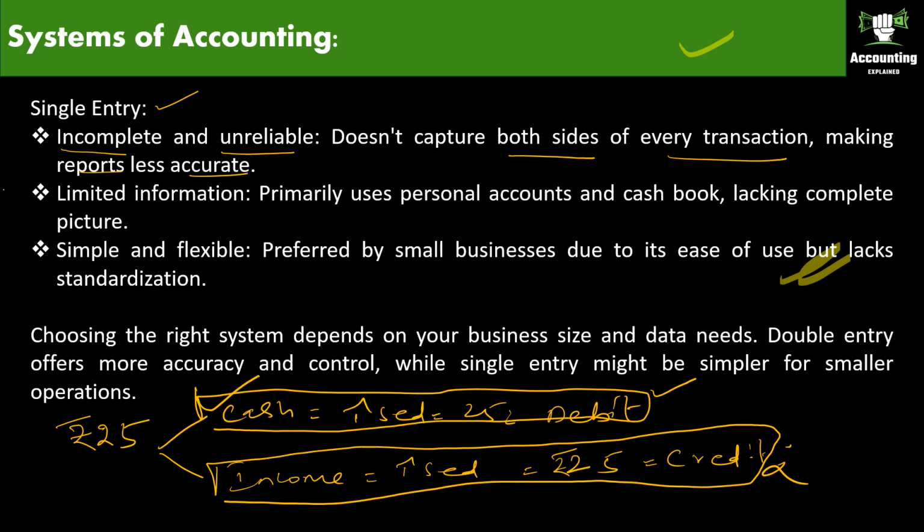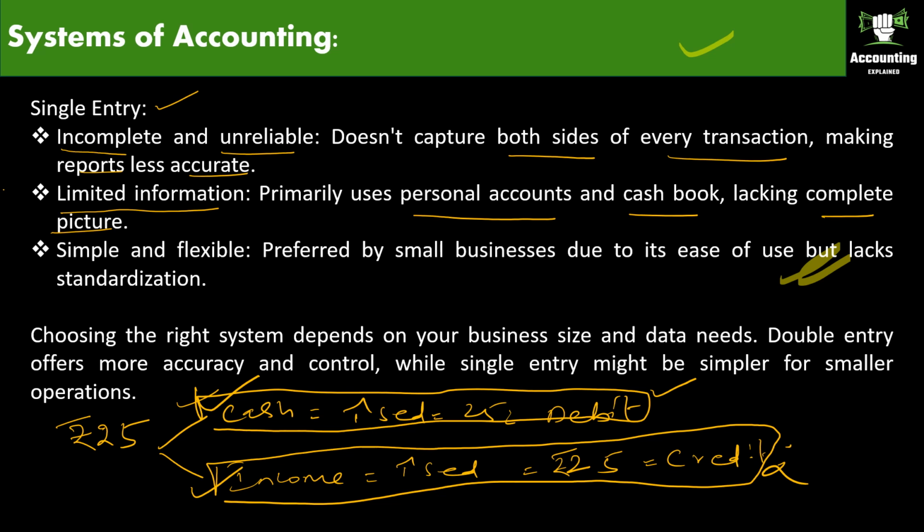Limited information, primarily uses personal accounts and cash book, lacking a complete picture. So you have increased only the cash and you have avoided, or forgotten, or did not know that you have to increase income also. So you cannot have the complete picture of your tea shop.